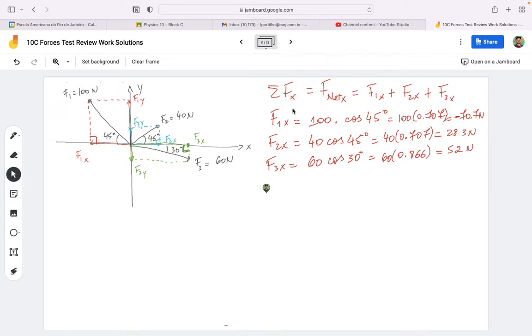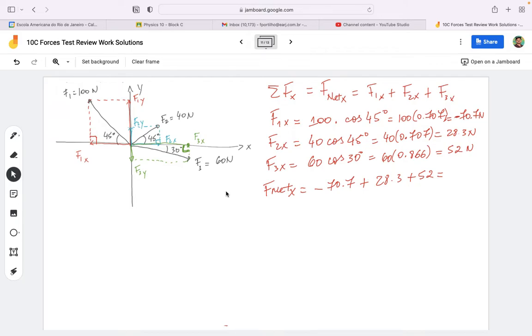All right. Now we have all of the data we need to calculate the x component of the net force. So the net force x should include negative 70.7, which is F1x, plus F2x, which is 28.3, plus 52. Okay, it is important to double check all of your calculations, because especially on a test, we get nervous, we tend to blank out, we tend to mistype information in the calculator, especially when it involves lots of calculations.